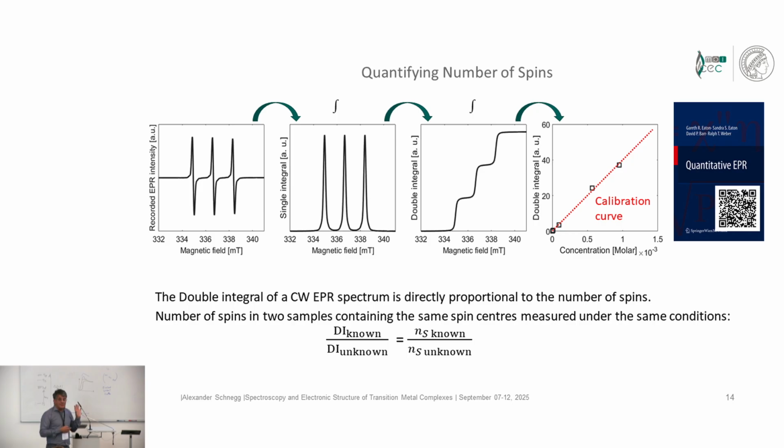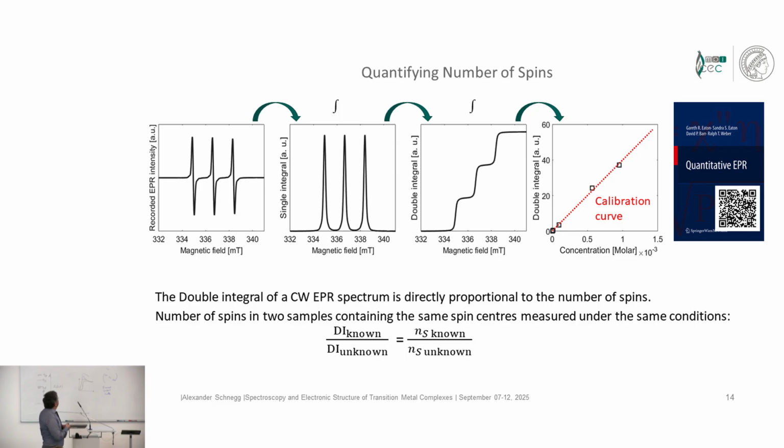However, samples which are either not paramagnetic or maybe EPR silent, a bit of a weird term which I will explain later, these are high spin systems which are paramagnetic but difficult to detect and may be overlooked. Therefore, relating the number of spins in your sample to your sample properties, like for example the amount of a certain metal which you have in your sample, is often useful.